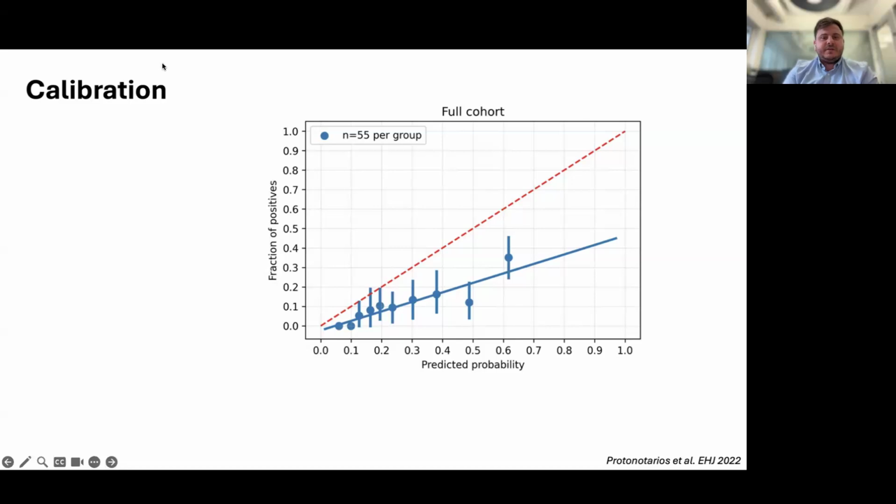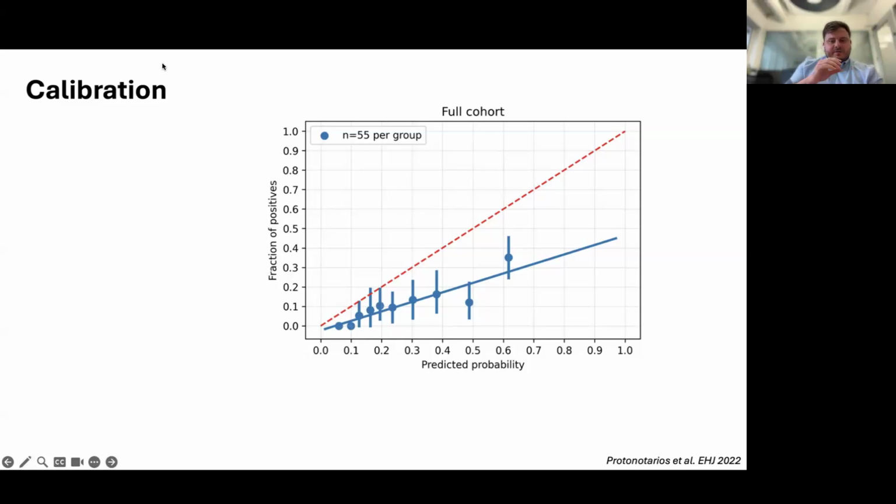So this is again from the validation of the RVC risk calculator we did, and this is a calibration plot, as it's called. On the y-axis you have the fraction of the positives, and on the x-axis you have the predicted probability. So what we've done is we've grouped our cohort into a certain number of groups so that they are sufficiently large to be able to look into each one.